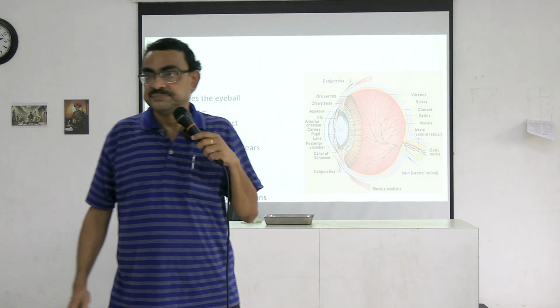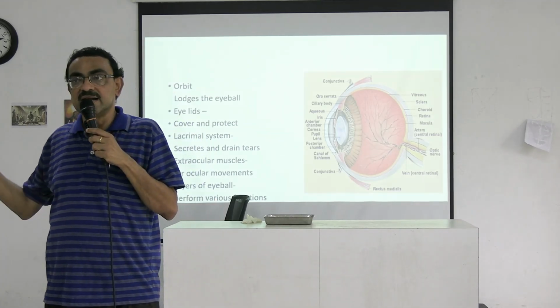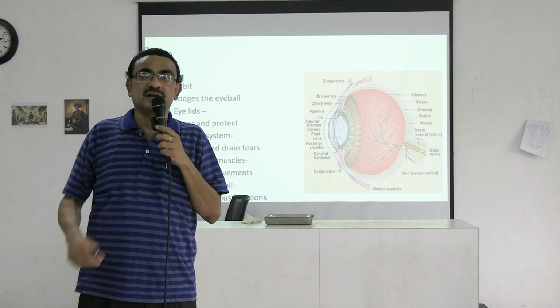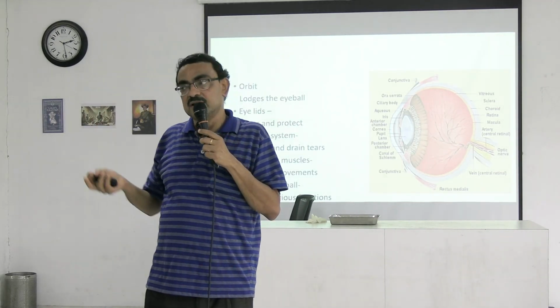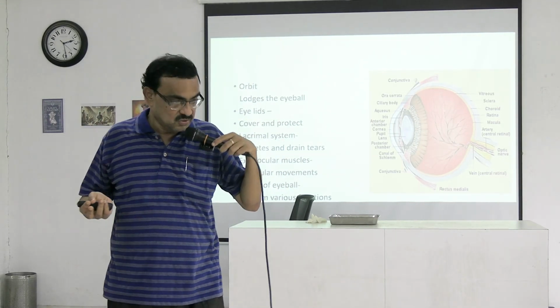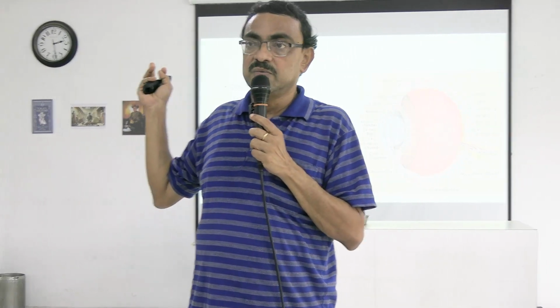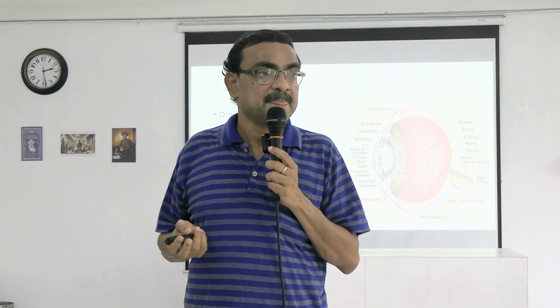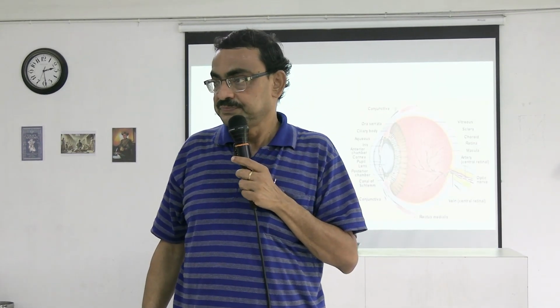Now on this sclera we can find so many extraocular muscles like superior rectus, inferior rectus, lateral rectus, medial rectus, and the obliques, superior oblique and inferior oblique. They are inserted over the sclera at different positions.